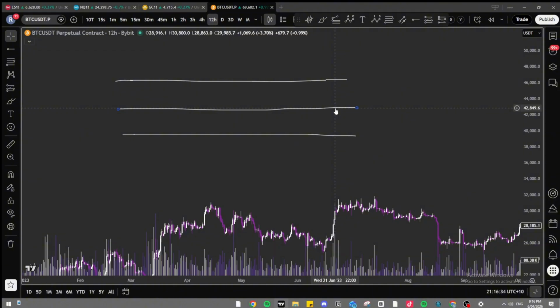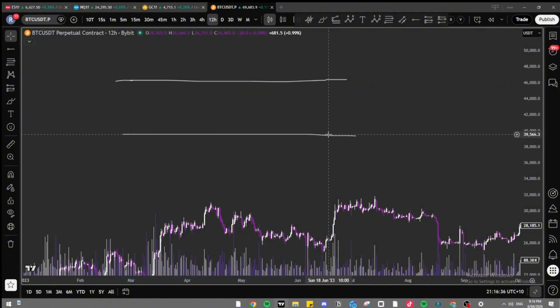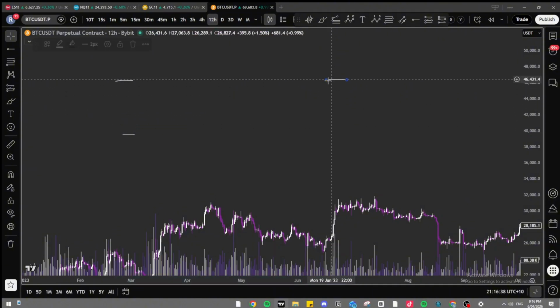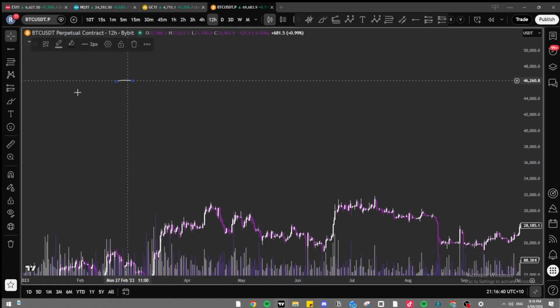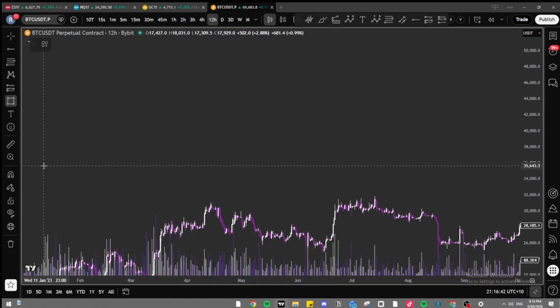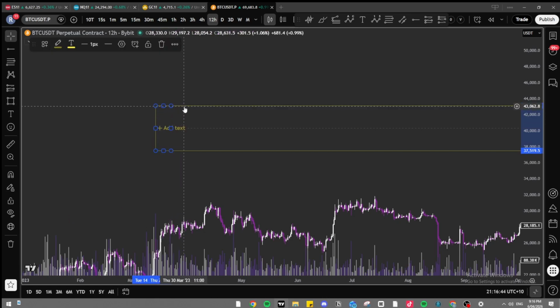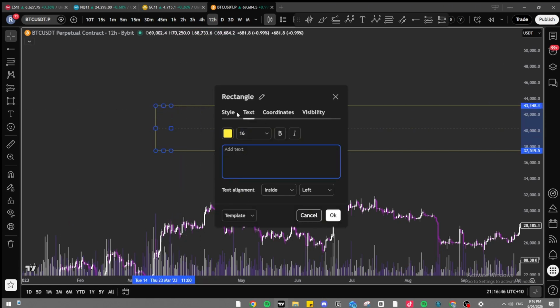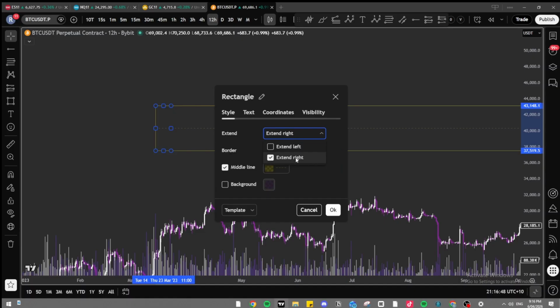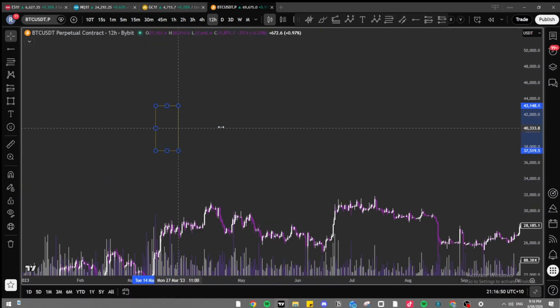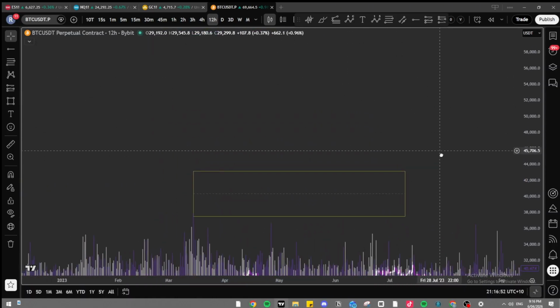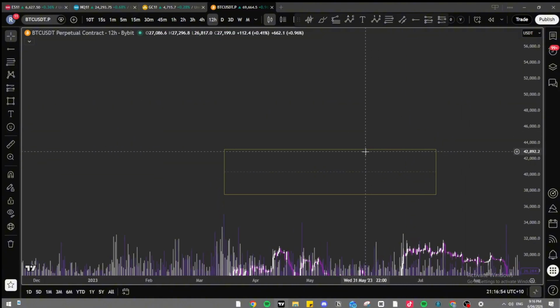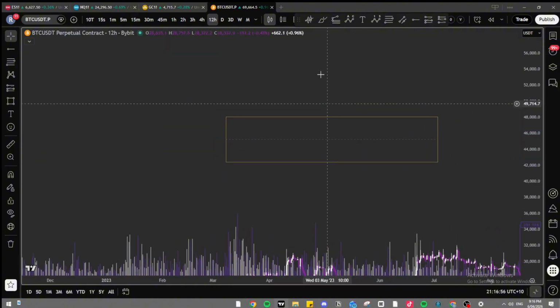So let's put this into clear perspective, right? So this is your range. You got the midpoint of the range, you got the high, you got the low.